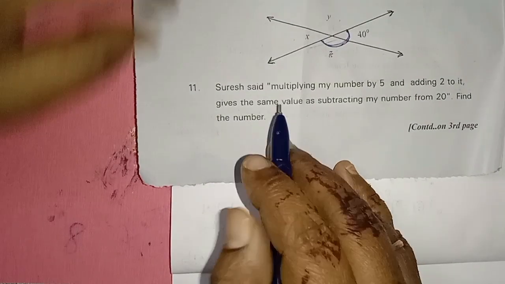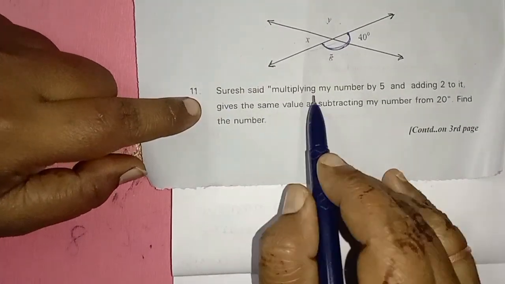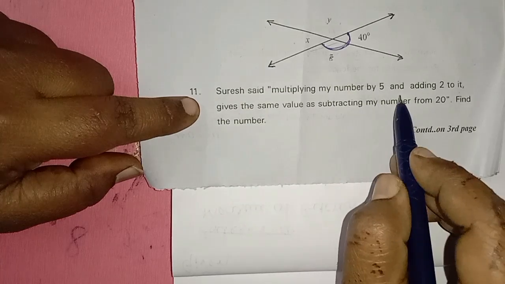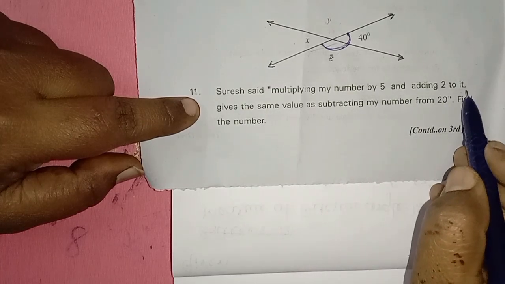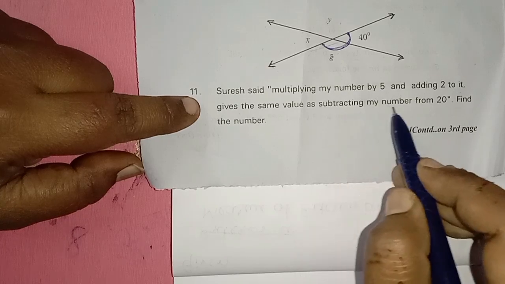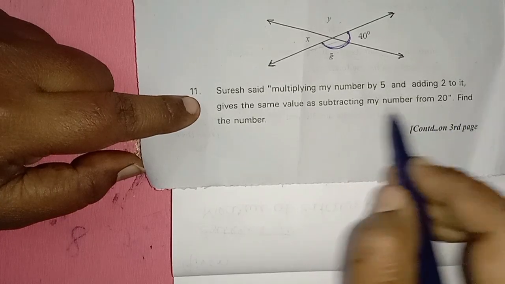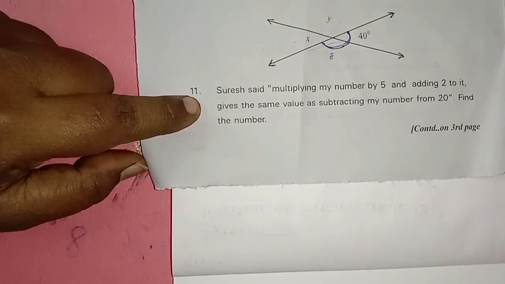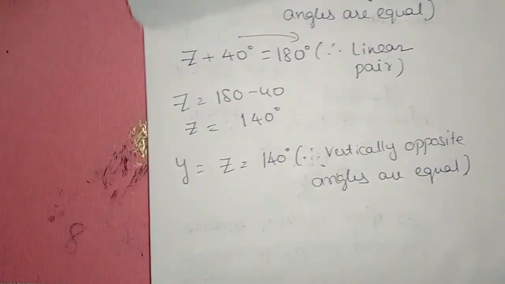Next, 11th question. Suresh said, multiplying my number by 5 and adding 2 to it gives the same number as subtracting my number from 20. Find the number. Clear? 11th question.